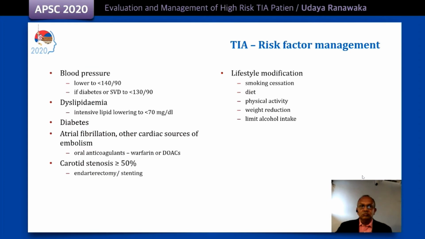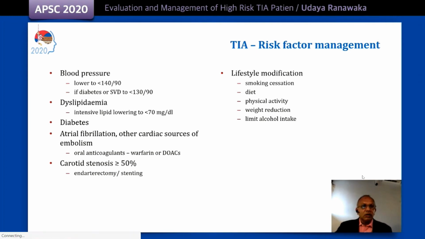The next thing we do is to look after the medical risk factors. We need to manage hypertension, keep it less than 140/90, and 130/90 if there's diabetes or small vessel disease. We need to give them intensive statin therapy to reduce the LDL cholesterol levels to less than 70.